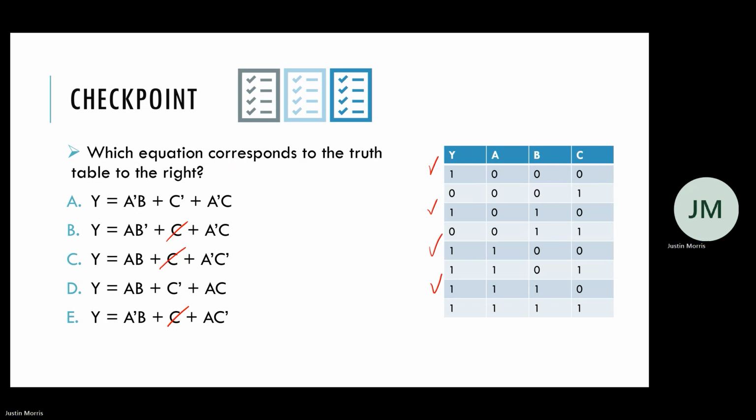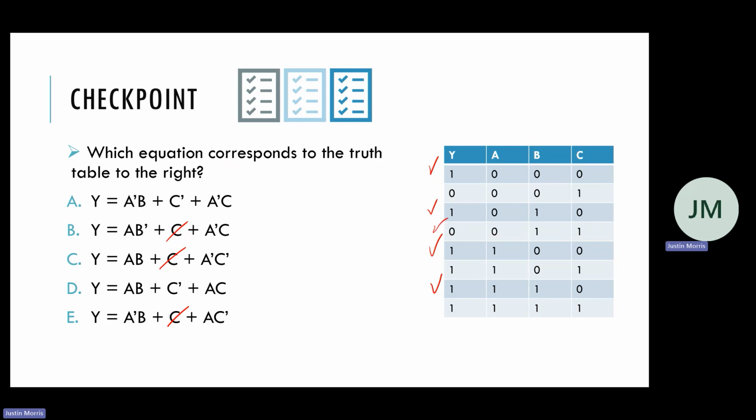Then we can look at the other min terms, and because they're the same size, both 2 variables, we'll just start with the one on the left. So A not B.